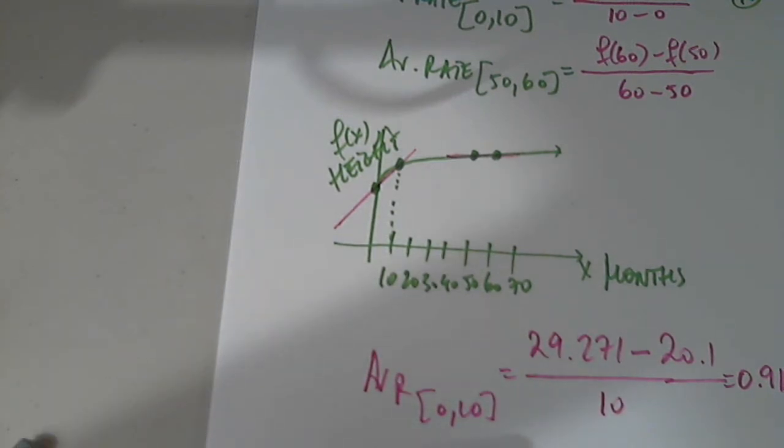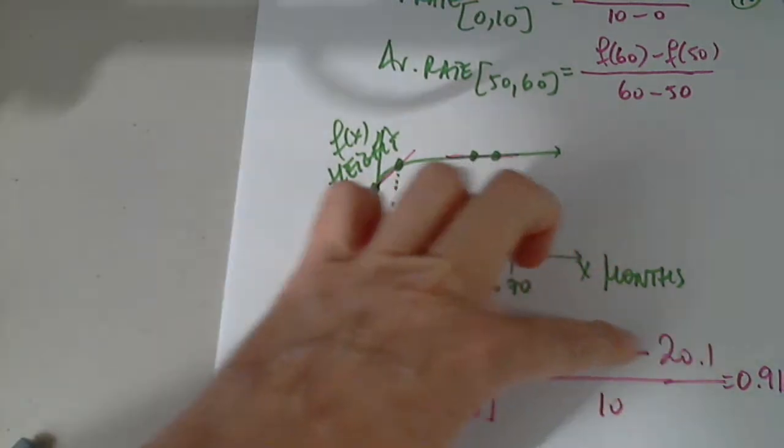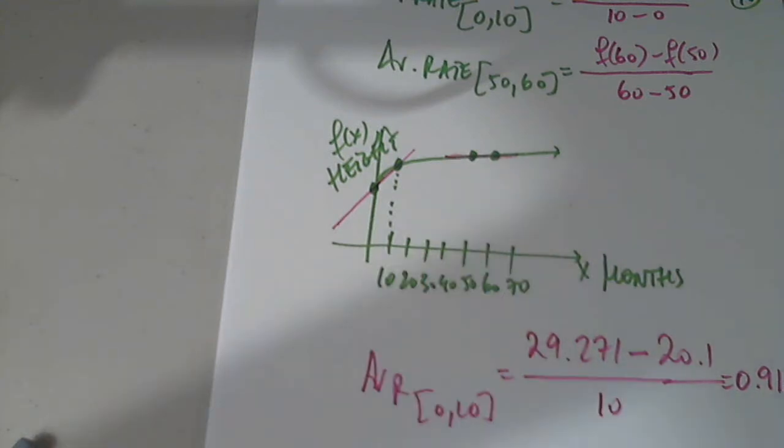Okay, so measurement unit for 0.91. And then 42.563 and subtract 40.606 and then divide by 10. I shouldn't do this with a calculator. And this is 0.196. Okay, so measurement unit for these two. The rate of change has two measurement units, one coming from the top and one from the bottom.